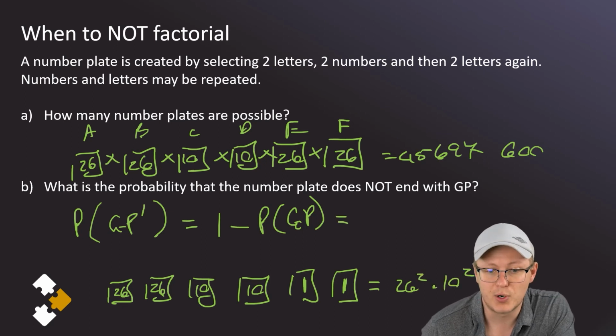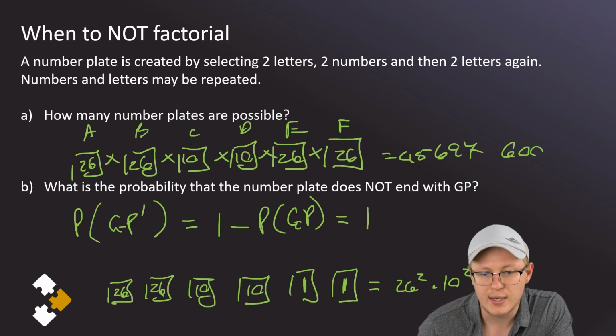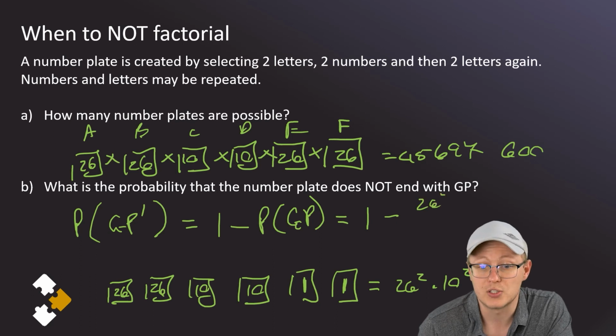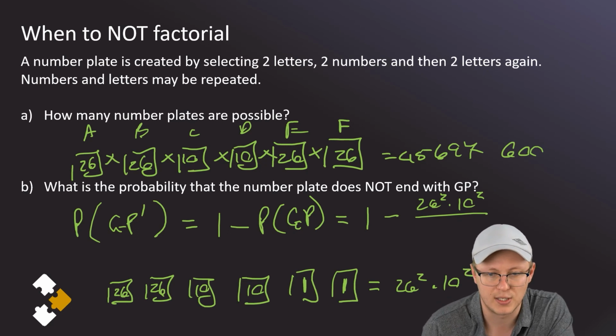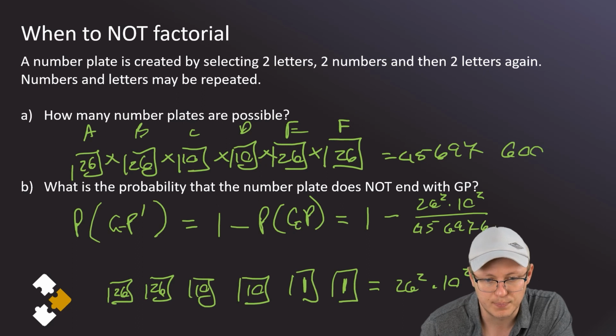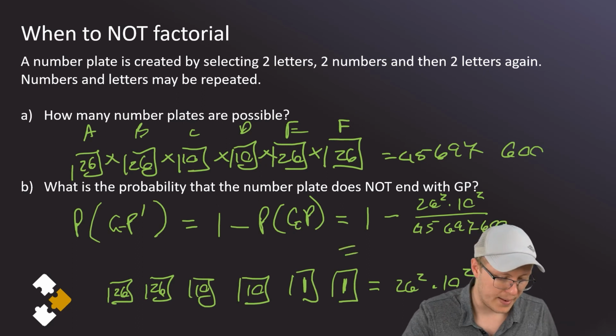So here, to find the probability, we're going to take the 1 minus, and now the number of ways in which it can end with GP is 26 squared times 10 squared, right? And that's now got to be divided by the total number of number plates we can make, which was this 4, 5, 6, 9, 7, 600. Okay, right.